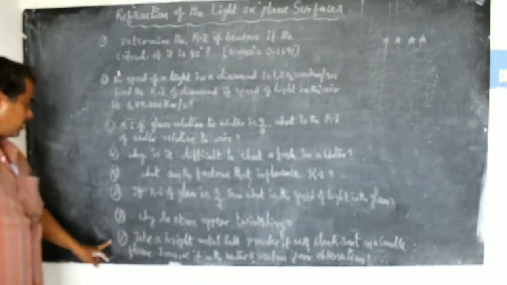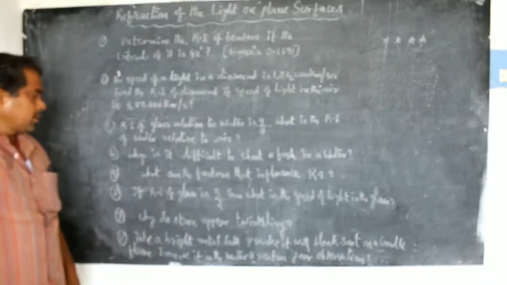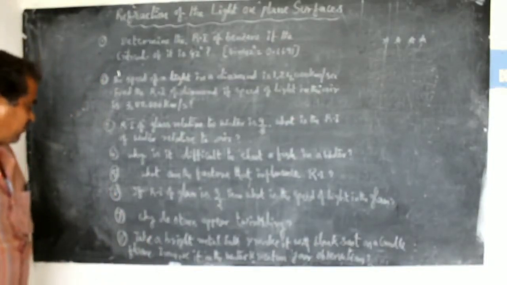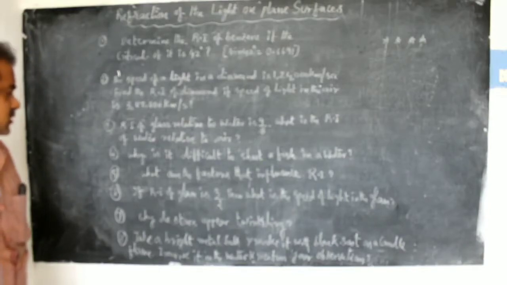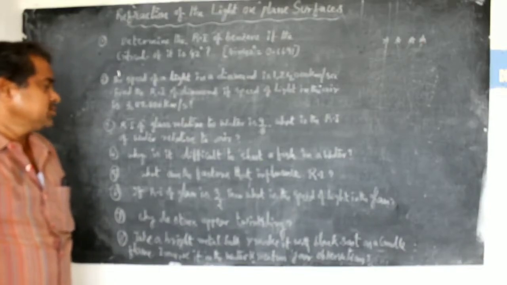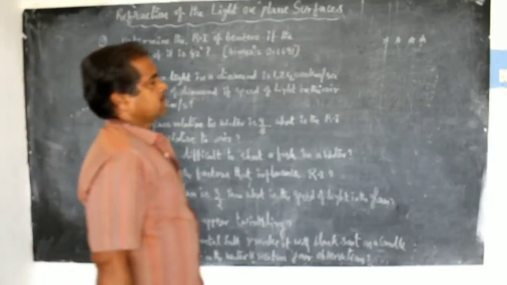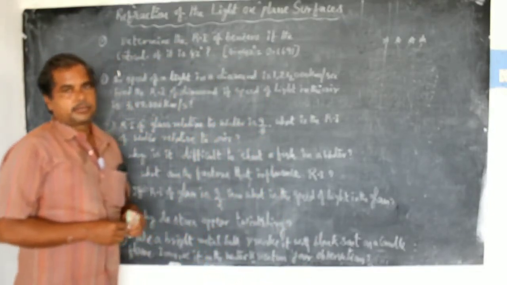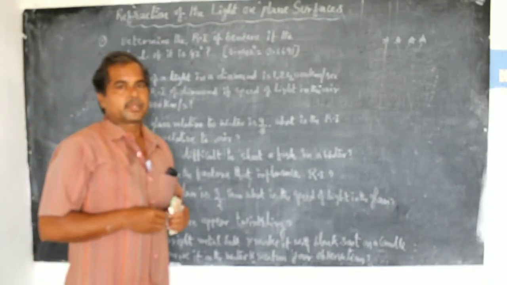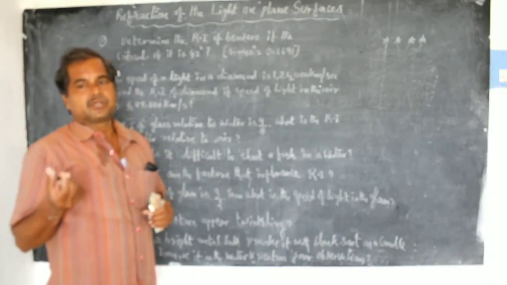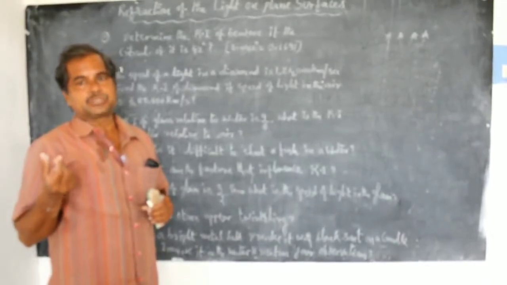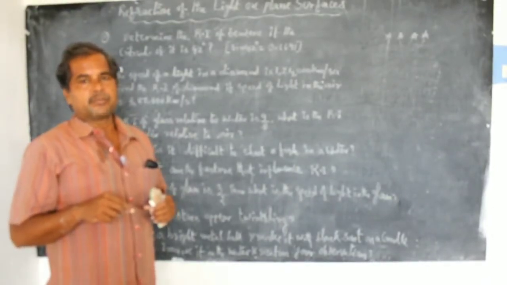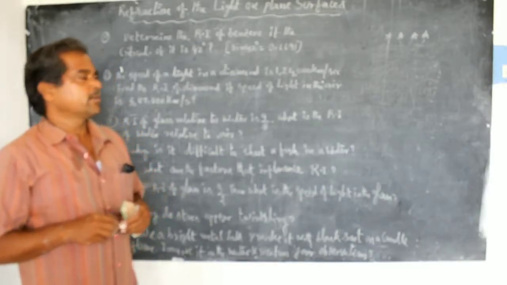Next, take a bright metal ball and coat it with black soot on a candle flame. Immerse it in the water and mention your observations. So here we are taking one bright metal ball, nothing but a ball bearing, and it is covered with black soot using a candle, and it is immersed in the water.